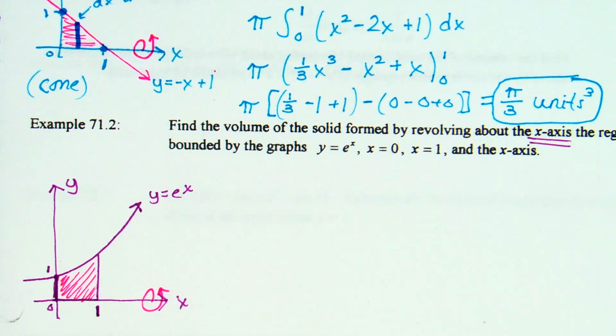When we rotate that around the x-axis, you have to think three-dimensional. I don't know that I could draw it. Kind of like a funnel, but strange. So the bottom's always going to be round.